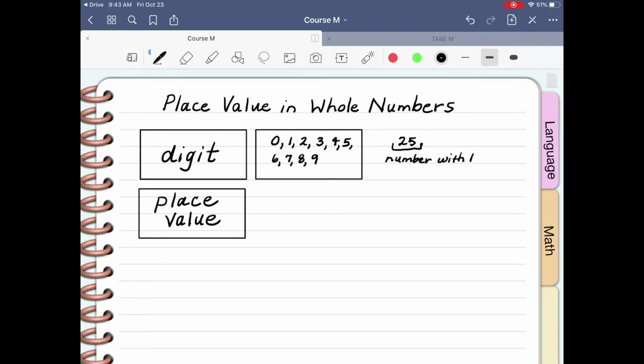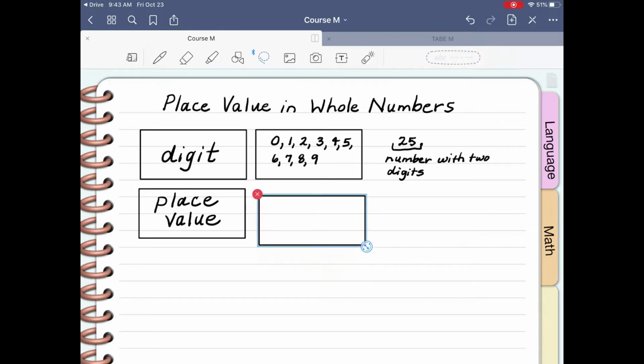So it is a number with 2 digits. So as long as you're talking about the numbers 0 through 9, you can use digit and number interchangeably. But once you get into 2-digit numbers or 3-digit numbers, the terms digit and number do not mean exactly the same thing.